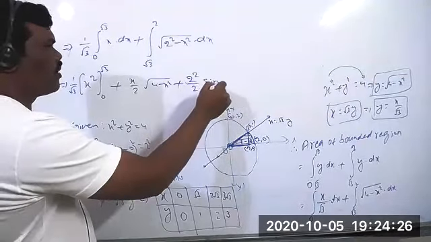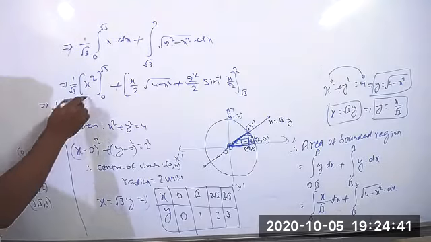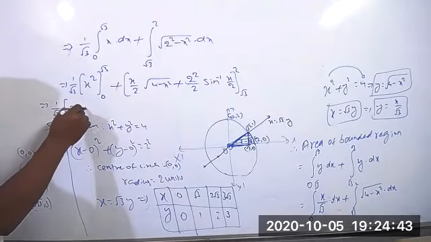So this is from root 3 to 2. Now verify it: upper limit minus lower limit. So 1 by root 3 into root 3 whole square, which is 3, minus 0.